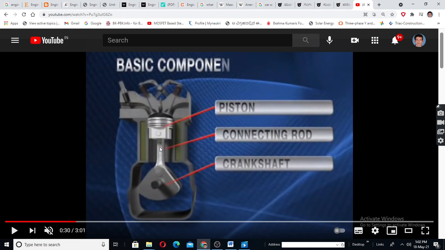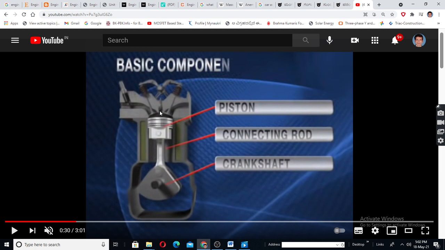Now we need air to be mixed with the fuel, because if we send just fuel, it will not burn. Hence air has to be mixed with the fuel at the required ratio. Then the mixture has to be compressed so that it will become hot.